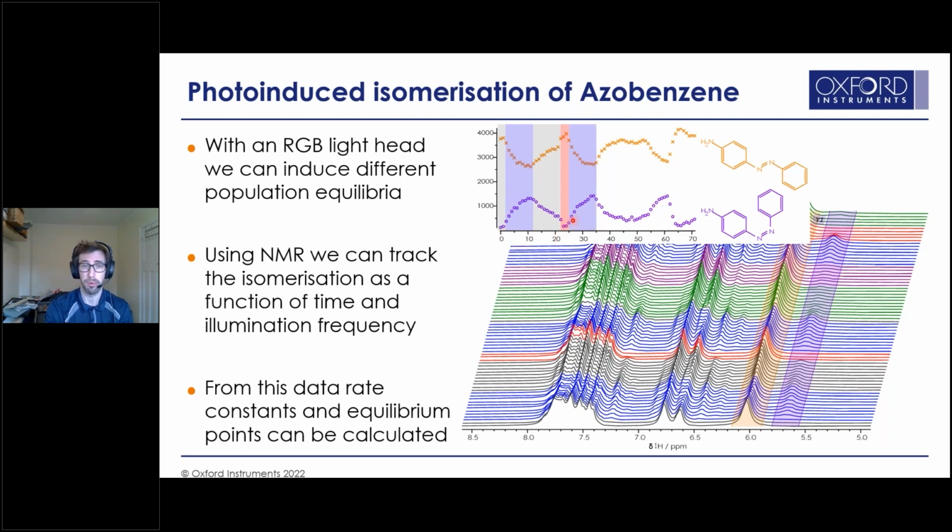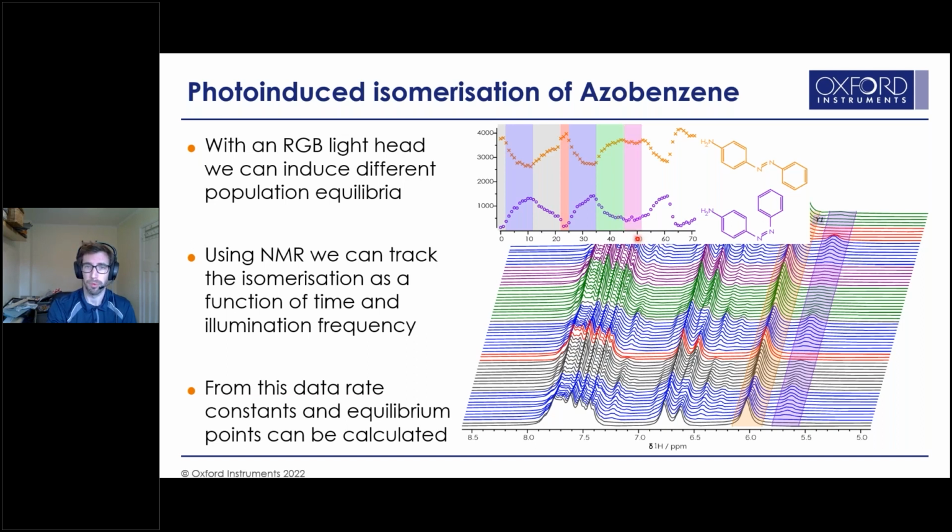Again, we can illuminate with blue and get back to that same population. We can start to think of things like determining rate constants and those equilibrium points from doing this sort of measurement. If we go to green light, you can see that we actually form ourselves a nice new equilibrium point.